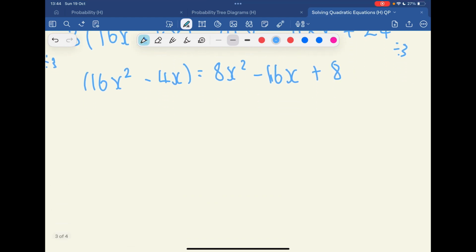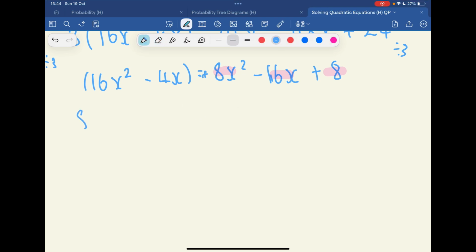Now we can arrange this into a regular quadratic. As I said earlier, we're going to want this side to be equal to 0 so we can solve it. So let's take everything here and move it over to the other side of the equals, where it will change signs. We have positive 8x here. We're going to subtract 8x from both sides. We're going to be left with 16x squared, take away 8x squared.